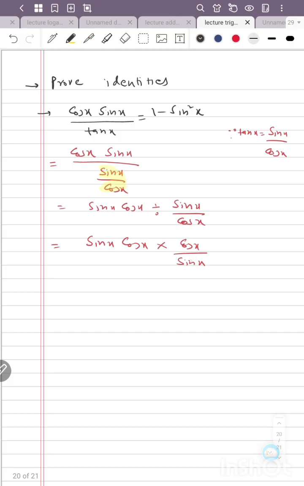Sin x cancels with sin x, so we get cos x times cos x, which is cos square x.